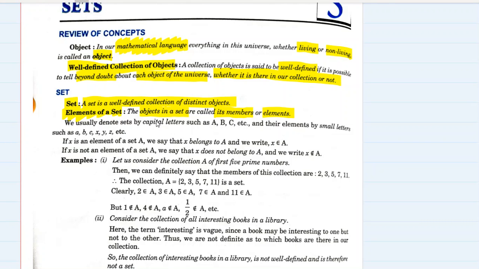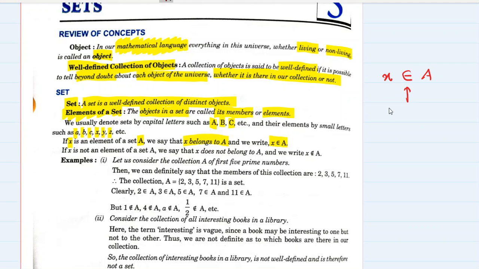We usually denote sets by capital letters such as A, B, C, etc. and their elements by small letters such as a, b, c, x, y, z, etc. If x is an element of set A, we say that x belongs to set A and we write it as x ∈ A, where this is a special symbol.